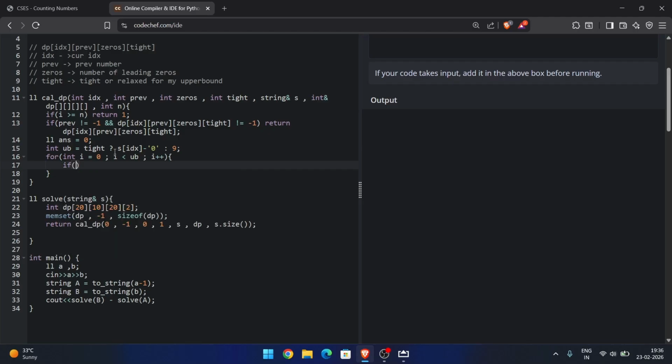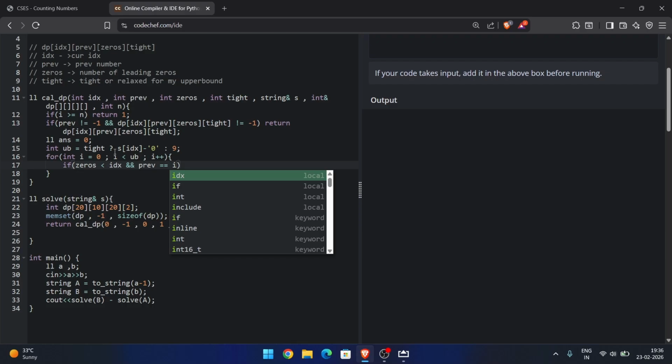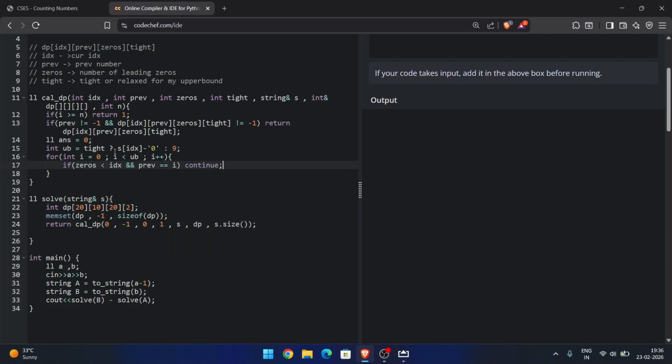So if zeros is not equal to index, means if zeros are less than index, so that means we have already started a number, and then only we will look for a previous condition, that is previous is not equal to, if previous is equal to I, then we will continue, then we will not look for this number.